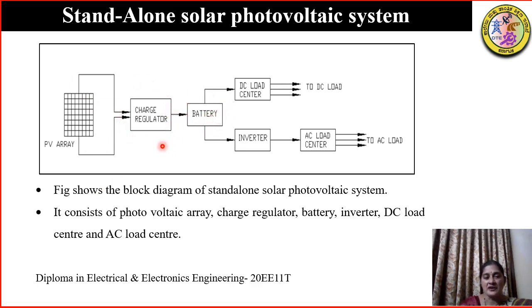The charge regulator will ensure that the battery is protected from overcharging and is protected from discharging when the PV array does not produce electricity. Now, from the battery, whatever load is there is supplied directly to the DC load. And when we require to provide AC load, we use an inverter to convert DC into AC.